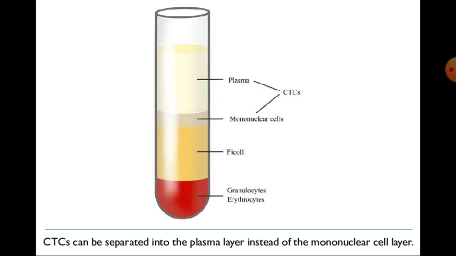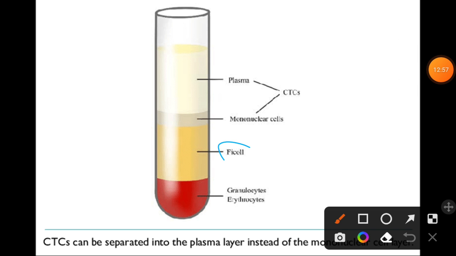That is how here, if the molecules find any environment where its density is exactly equal to the density of the solvent, it will stop. That is the idea of the density gradient centrifugation.